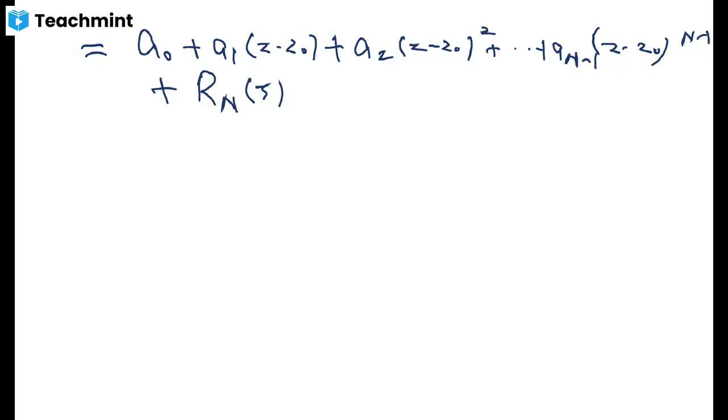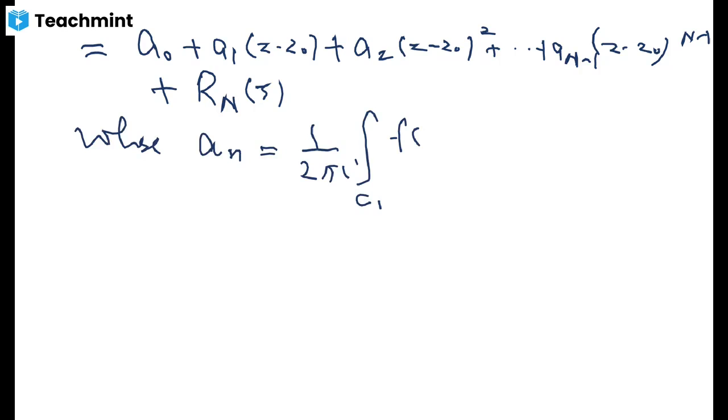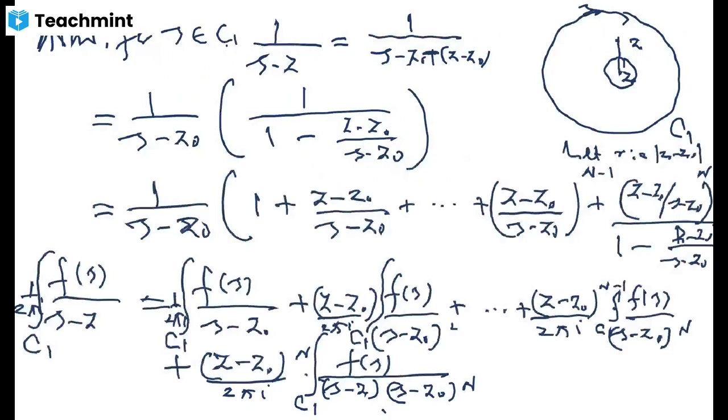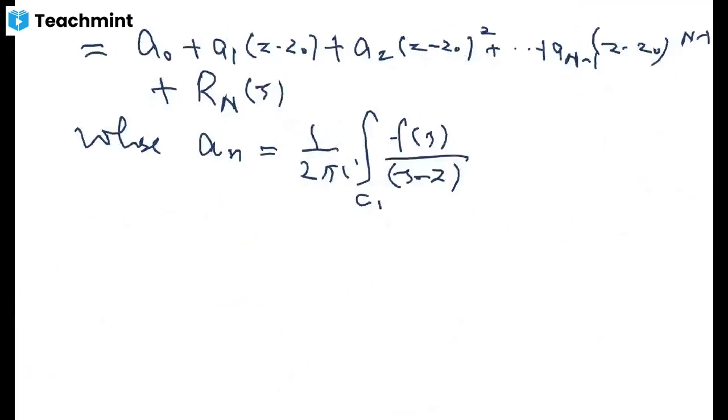Note that these a's are nothing but 1 upon 2 pi i, integral over c1 of f of zeta over zeta minus z naught to power n plus 1, sorry, zeta minus z naught to power n minus 1, d zeta.